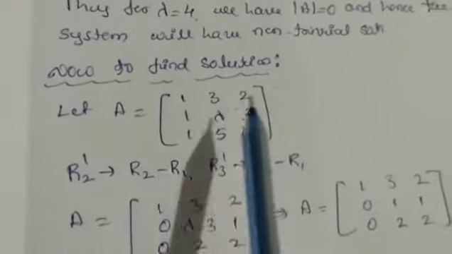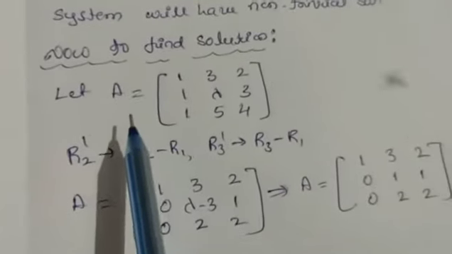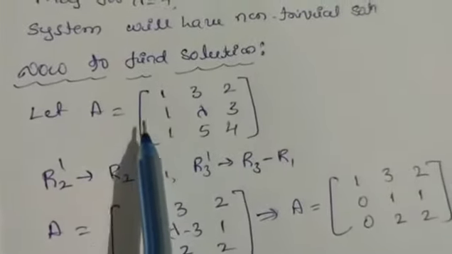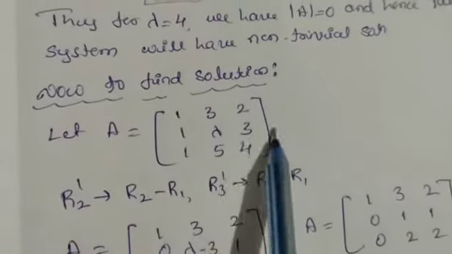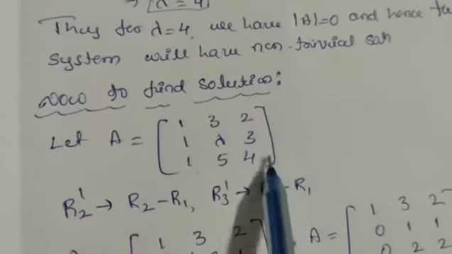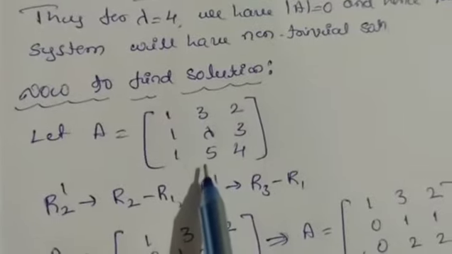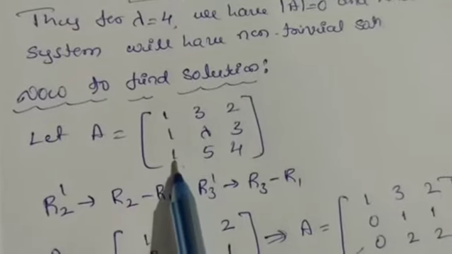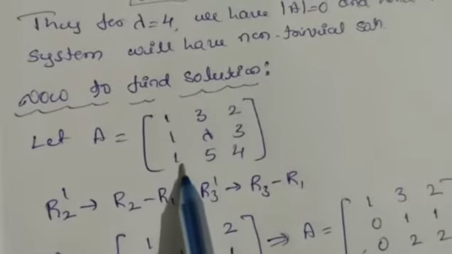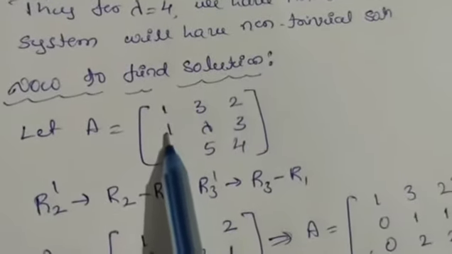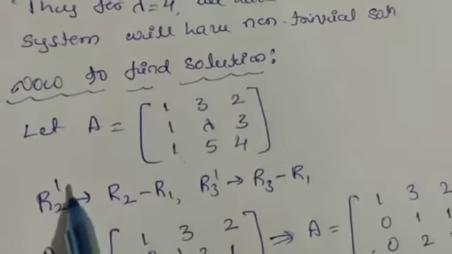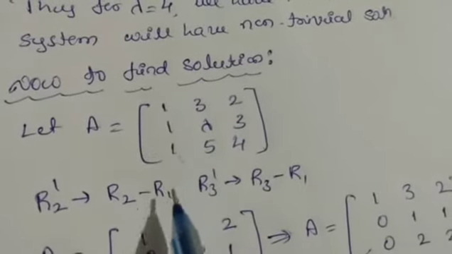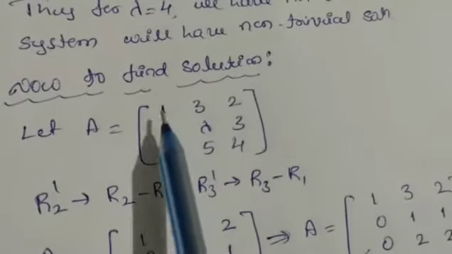Now to find the solution, let us take matrix A as it is: 1, 3, 2, 1, lambda, 3, 1, 5, 4. We have to convert this into echelon form. Make this one 0 and this one 0. This is an element in the second row. So R2 changes to R2 minus R1.